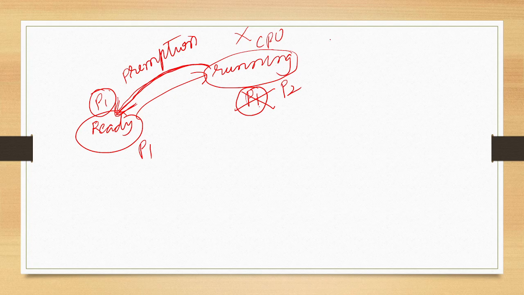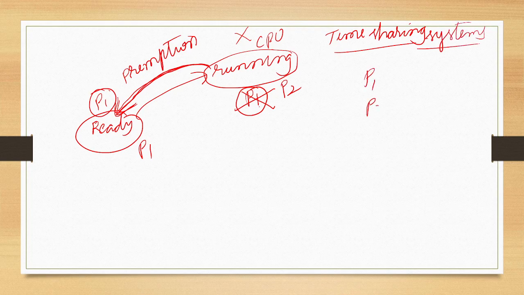In time sharing systems, we allocate CPU to every process for a limited amount of time. Take processes P1, P2, P3, P4. Suppose P1 requires 10 milliseconds to complete its job, P2 requires 5 milliseconds, P3 requires 3 milliseconds, and P4 requires 2 milliseconds.